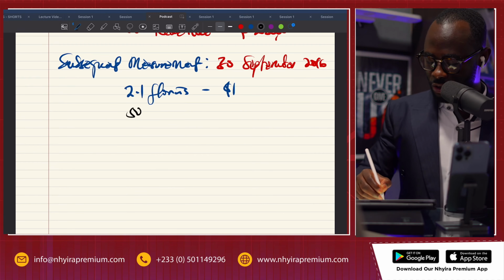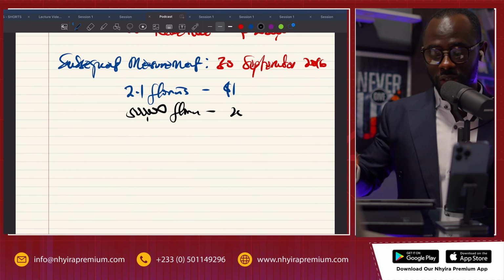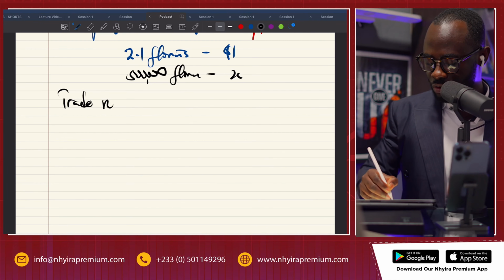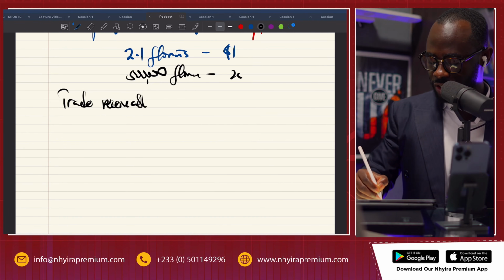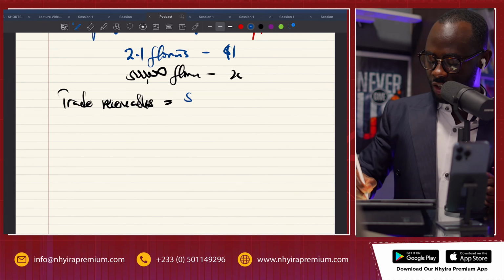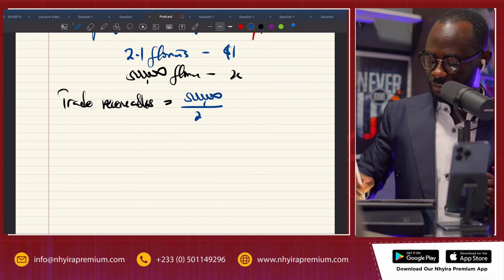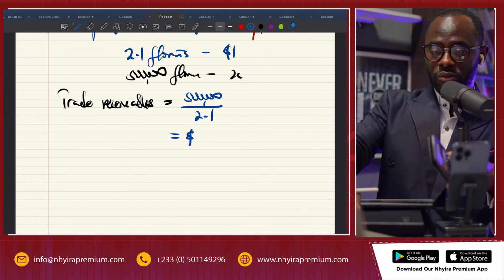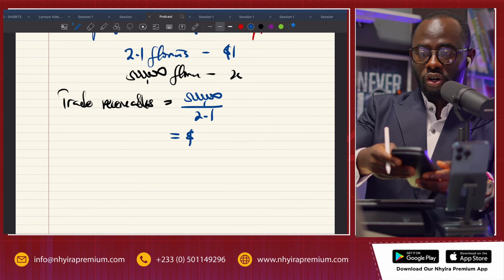So the person still owes us 500,000 florins. So how much will it be? So at the reporting date, trade receivables that will go on the face of the statement of financial position will be equal to 500,000 divided by 2.1. And so in dollars, what are we going to have in dollars?